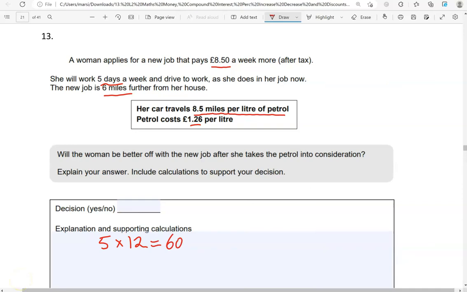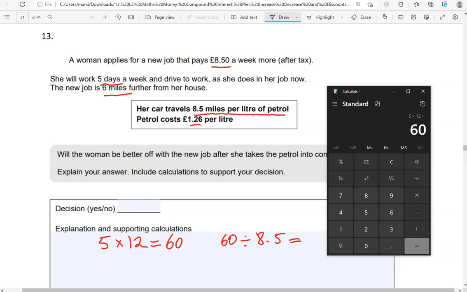Her car travels 8.5 miles per litre of petrol. Petrol costs £1.26 per litre. So she needs to do 60 miles. If I divide that by 8.5, that should give us how many litres of petrol are needed. So 7.06.